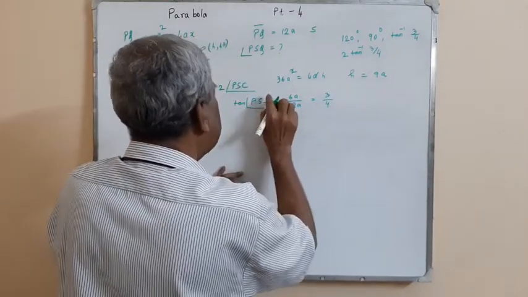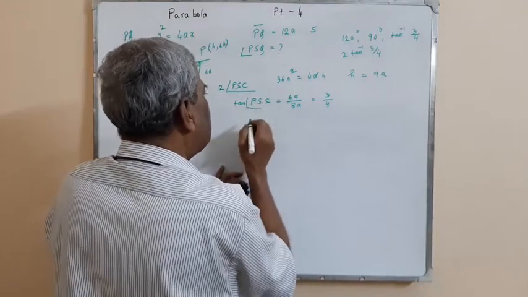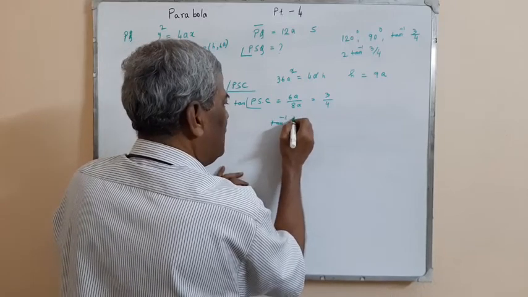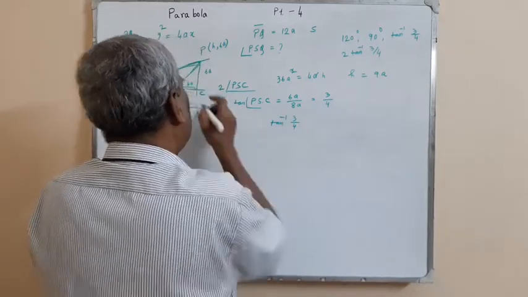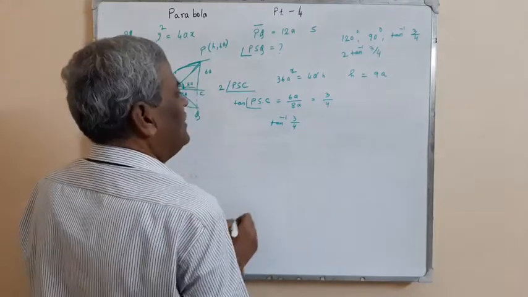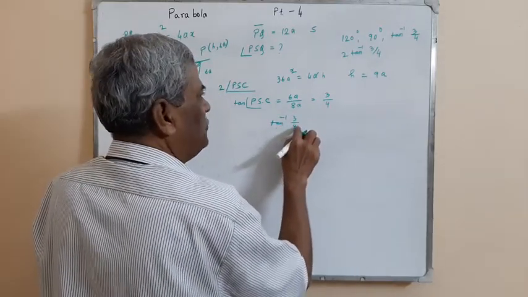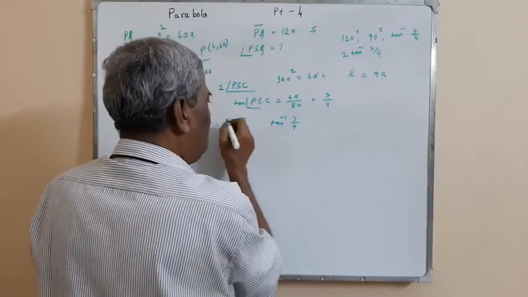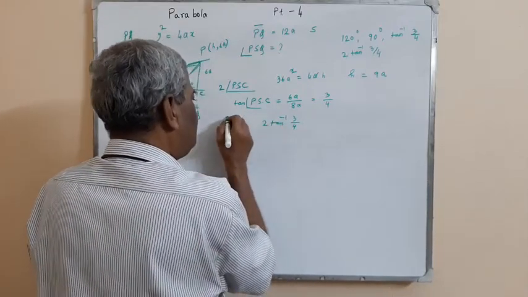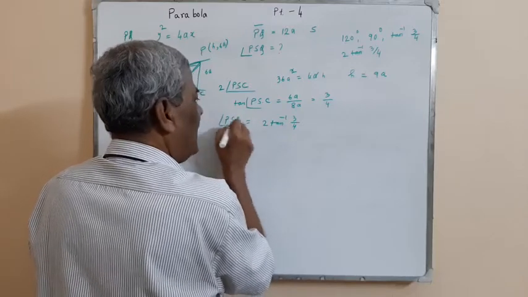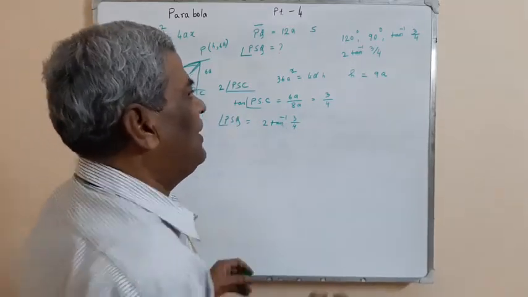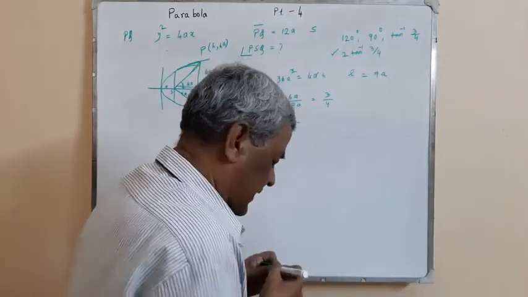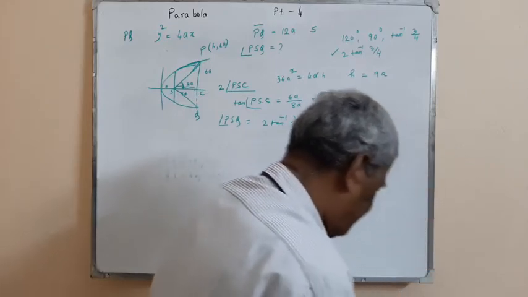So PSC is equal to tan inverse 3/4. So the whole angle PSQ is equal to 2 times tan inverse 3/4. So our option D is correct, the fourth option.